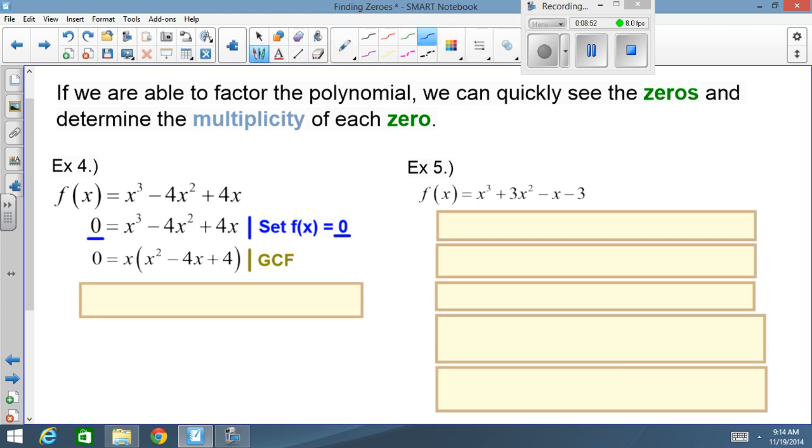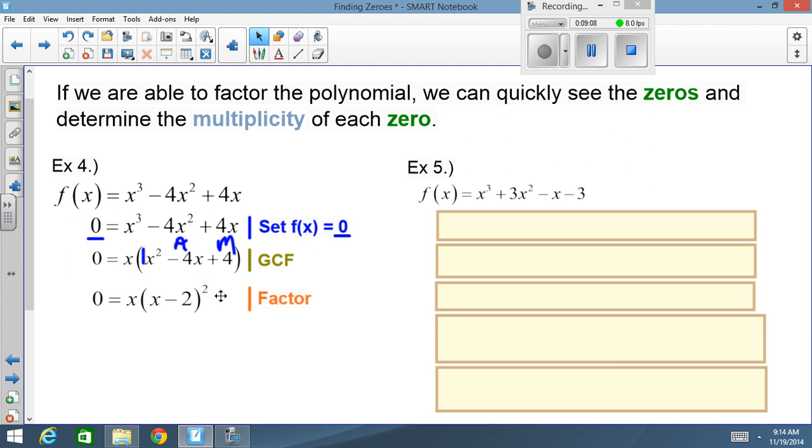My next step, as you recall, if I have a coefficient of 1, I'm looking for two numbers that add to give me the middle and multiply to give me the third. So when I do that, I'm going to get x minus 2 times x minus 2. Let me sneak that in here so you can see. The two numbers that add to give me negative 4 and multiply to give me positive 4 are a minus 2 and a minus 2.